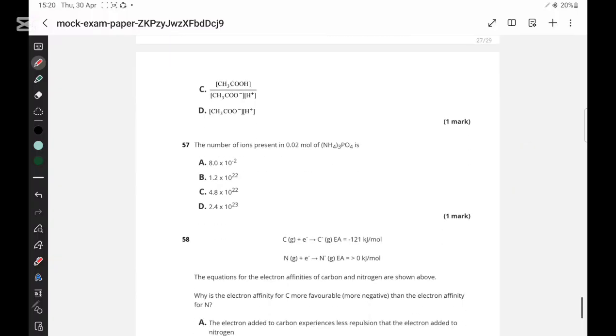For 57, the number of ions present in 0.02 moles of ammonium phosphate is, like we are given the number of moles. So what we need to do, we know there's a formula, like we need to find the number of ions, which is equal to mole times Avogadro's constant. So mole is how much? 0.02 moles. And how many ions are forming there?